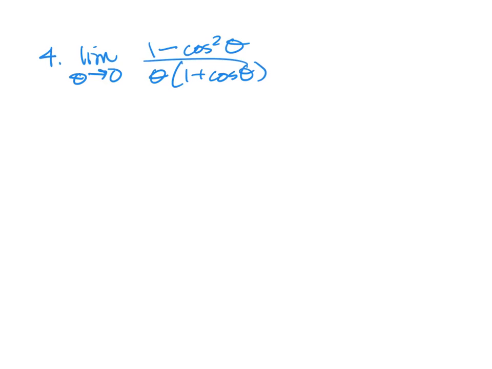Okay, so what do we recognize here? If we have this 1 minus cosine squared, do you guys recall how for factoring, that's the difference of squares? So what we could do is turn around and factor that numerator.